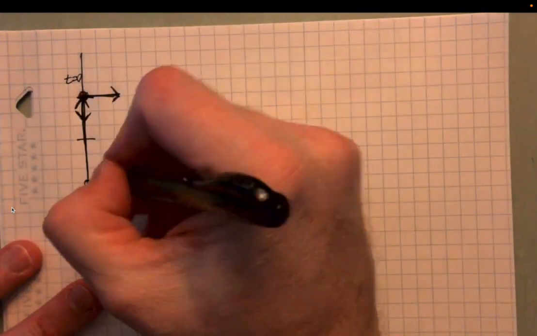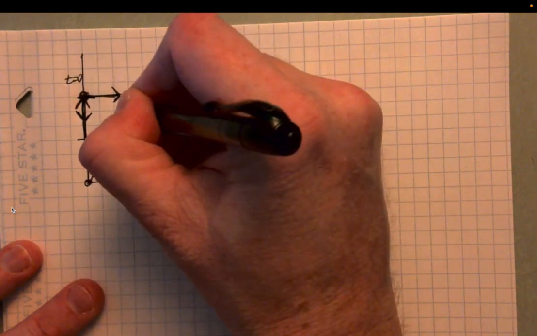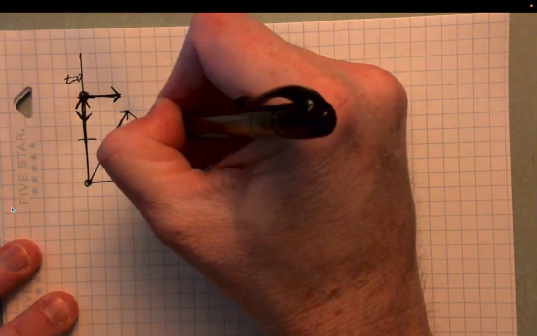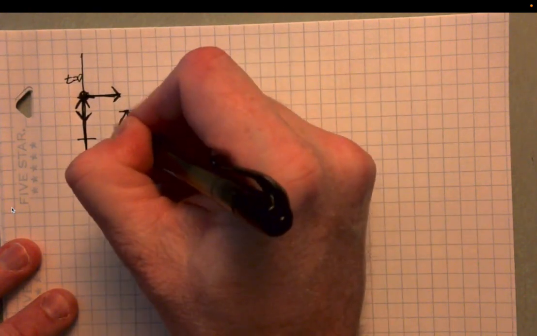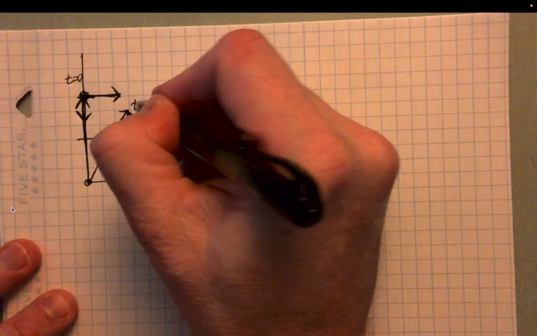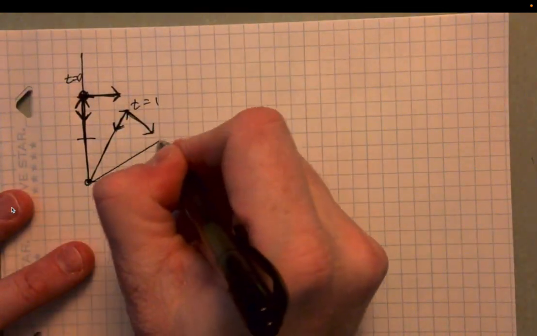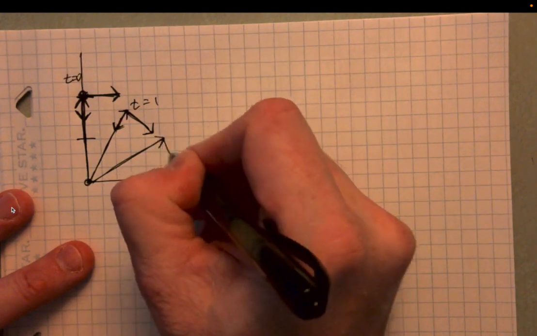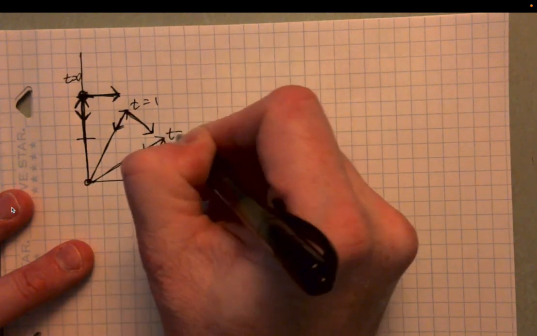Now at t equals 1, it's moved off a ways, off of the axis there, right? But again, your velocity is perpendicular, and your acceleration is towards the center of the circle. This would be t equals 1. And then further, this would be t equals 2, right?